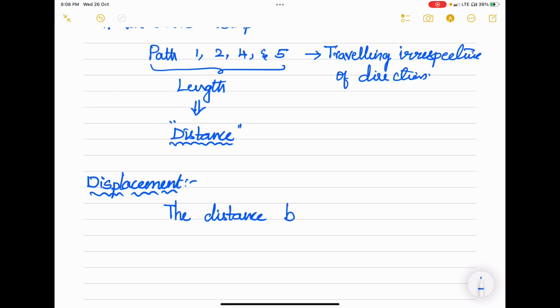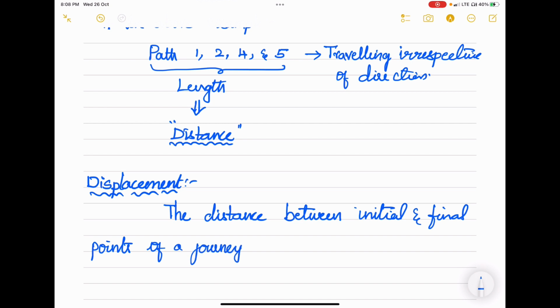The distance between initial and final points of a journey in a particular direction.